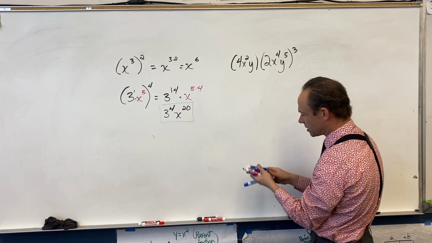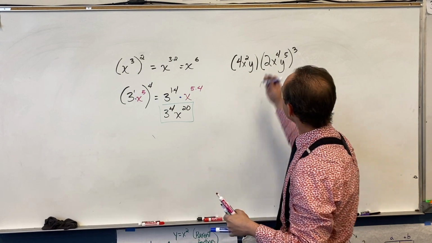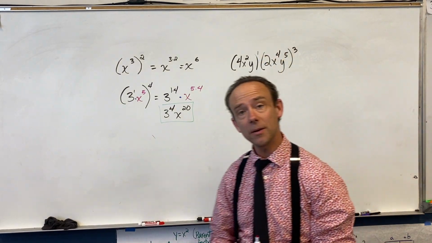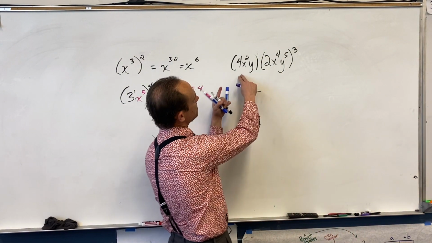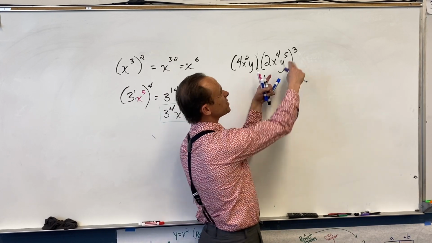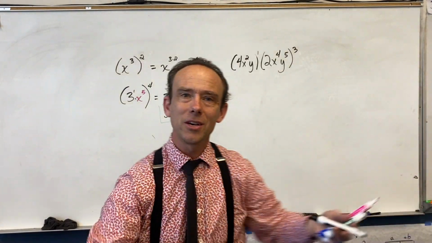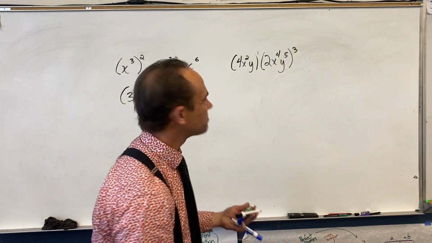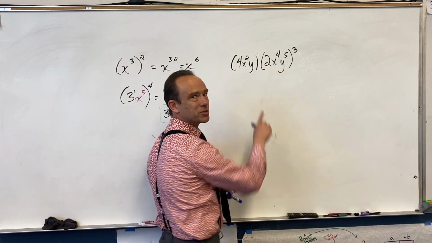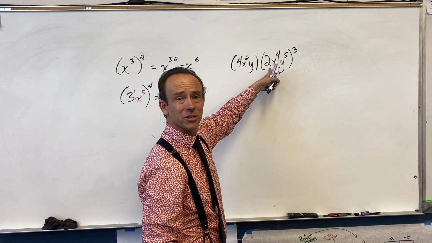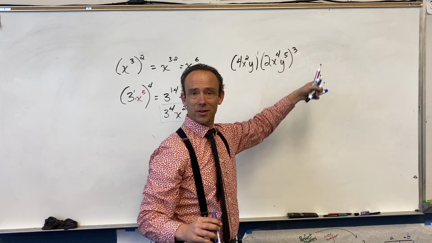Over here, invisible math says we have that exponent of 1 there. So before I multiply in this direction, I've got to first deal with this exponent, because remember PEMDAS: you've got to do exponents before you multiply. So I can't go 4 times 2, because that's not really a 2, it's 2 to the 3rd.